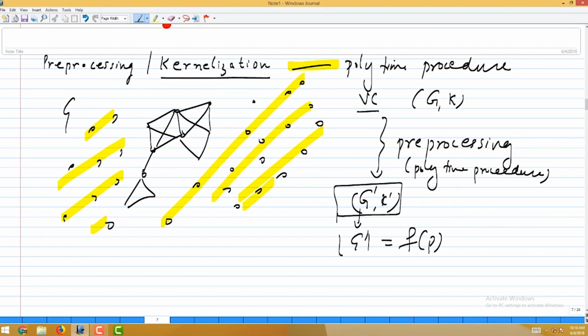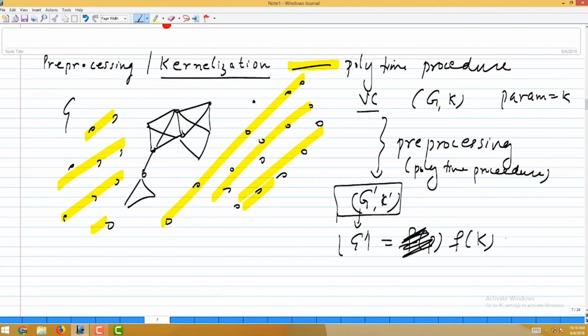So for example, suppose we are dealing with vertex cover where the parameter is k. We want to do some pre-processing, some polynomial time procedure, and at the end of it we want the resulting graph to have size bounded by a function of k.